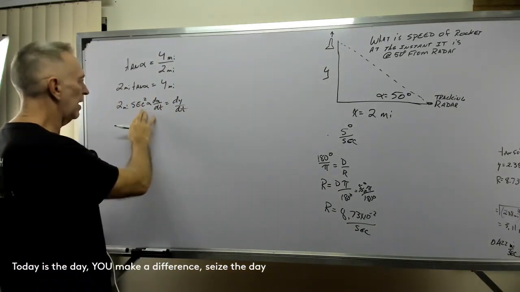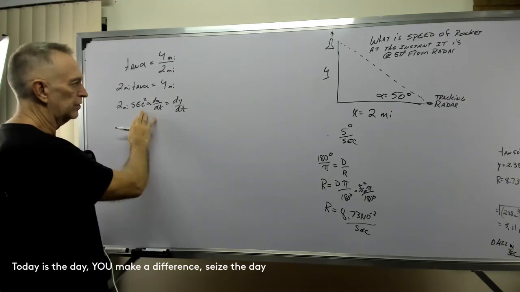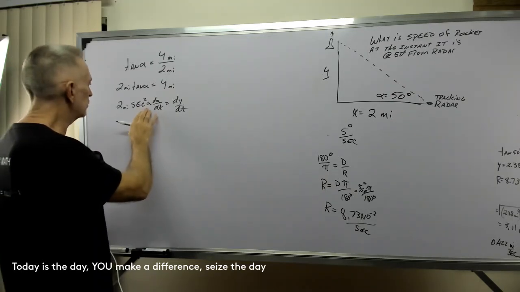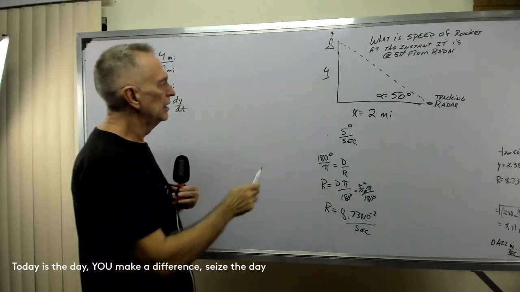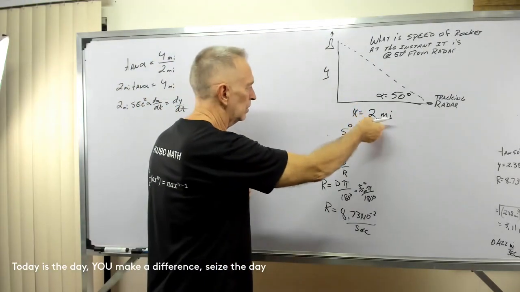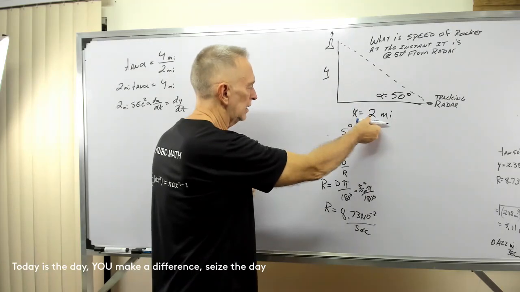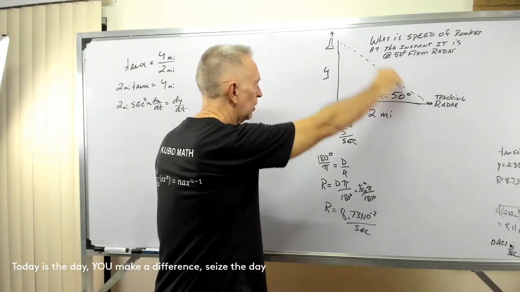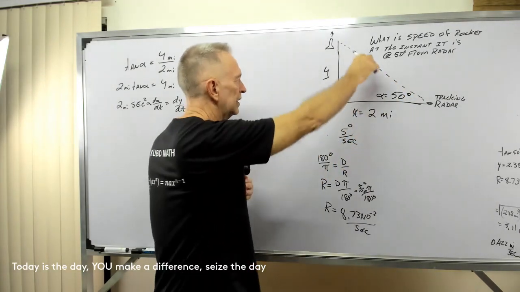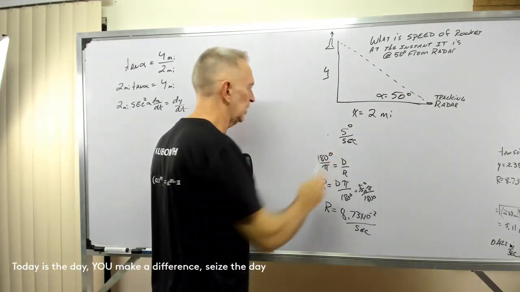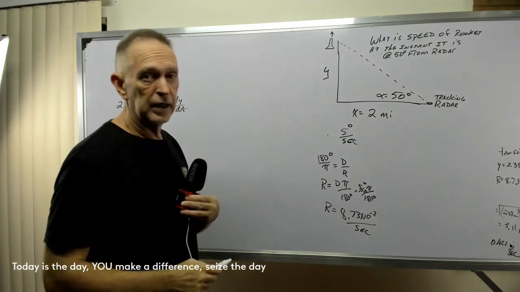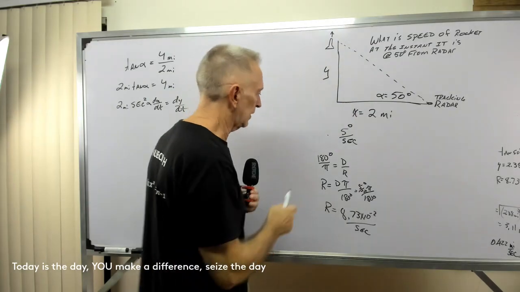Secant squared of alpha. Well, in order for me to determine secant squared of alpha, which, you know, is the reciprocal of cosine. So cosine is the adjacent over hypotenuse. Well, secant is hypotenuse over adjacent. Well, I don't know the hypotenuse, so I need to get that.